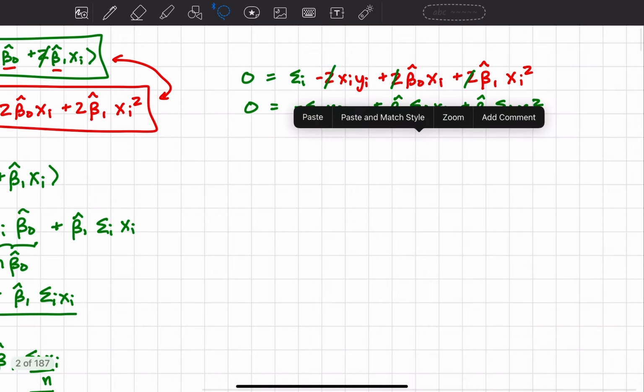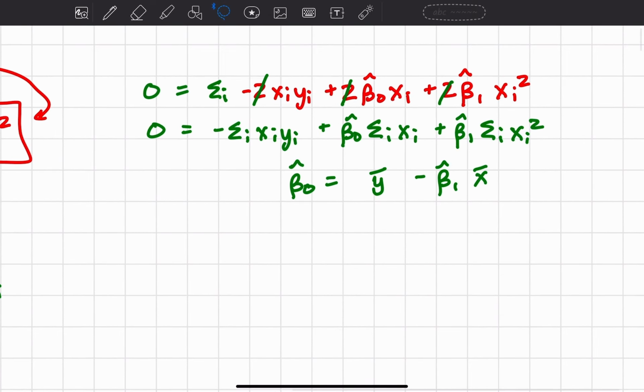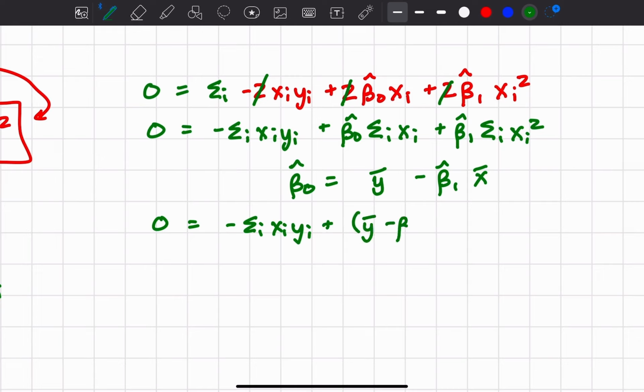So since this is true, let's sub in for beta naught hat and then work on isolating beta 1. So 0 is negative sum over i of xi yi, plus y bar minus beta 1 hat x bar, sum over i of xi, plus beta 1 hat sum over i of xi squared.